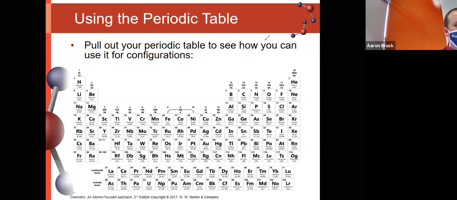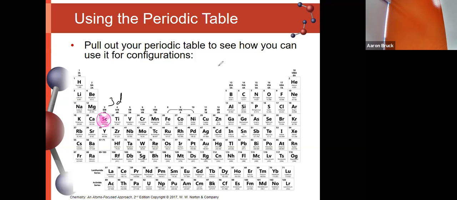Okay, the next one on the list was doing the orbital notation of scandium. Scandium, we looked at, is right here. Now for orbital notation, we're going to need to do the arrows and the boxes. The only thing I want to point out is that the 3d sublevel is where we're going to stop.